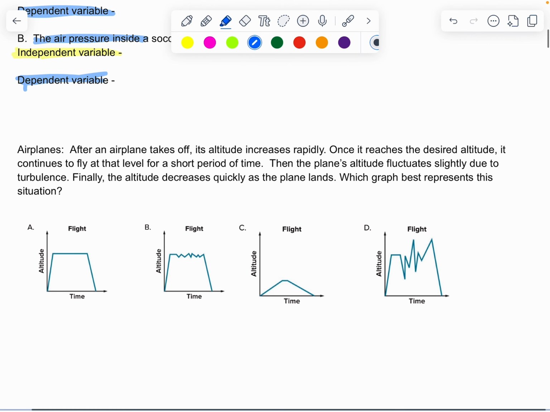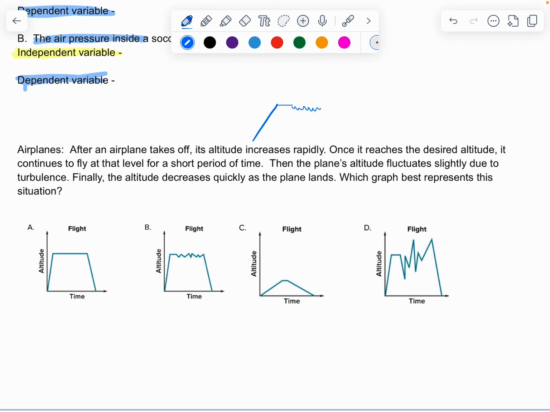Okay, so this one says, after airplanes take off, its altitude increases rapidly. Once it reaches the desired altitude, so it went up rapidly. Once it reaches desired altitude, it continues to fly at that level for a short period of time. So it stays here. Then the plane's altitude fluctuates slightly, not a lot, due to turbulence.